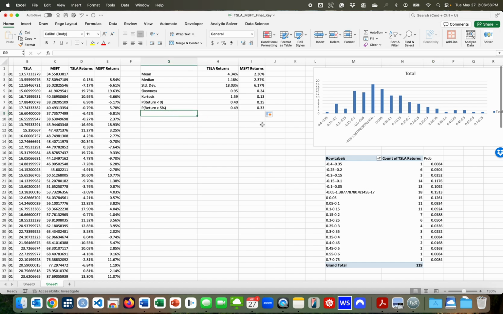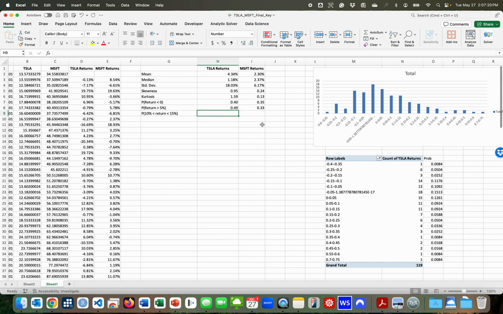So let's find the probability that the return is between 10% and 15%. So what's the probability that the return is between 10 and 15%?